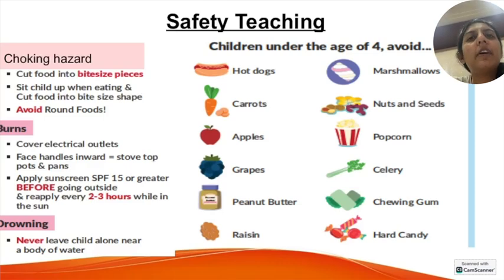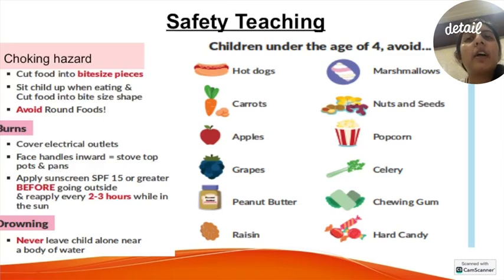The airway of a child is small, about the size of a drinking straw. Since young children love to place everything inside their mouth, there is a risk of airway blockage. We always cover the electrical outlets. We always lower the water heater temperature below 120 Fahrenheit.